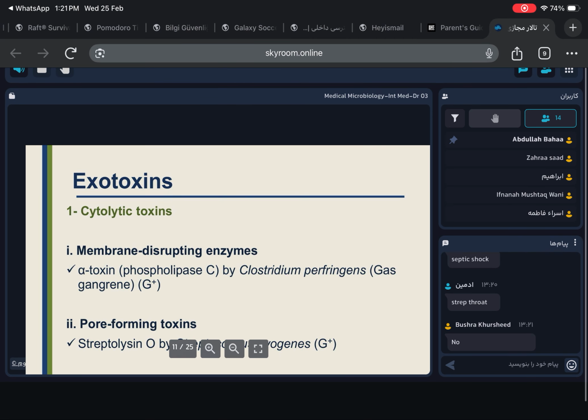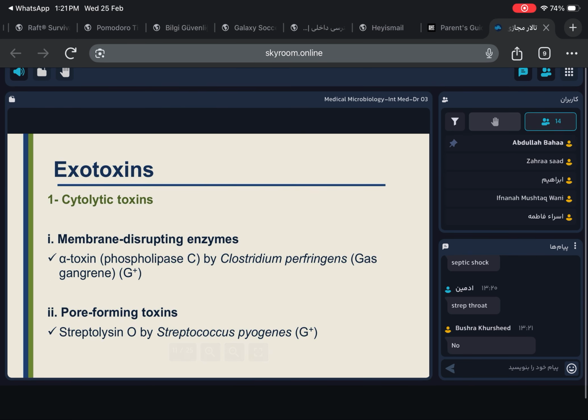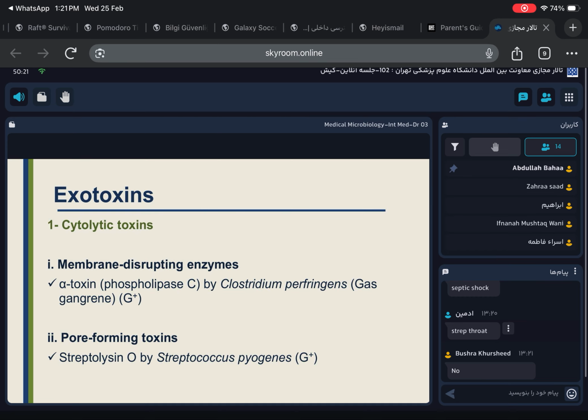Mostly children who are school age develop strep throat. It's a type of pharyngitis, and this bacterium can produce streptolysin O.